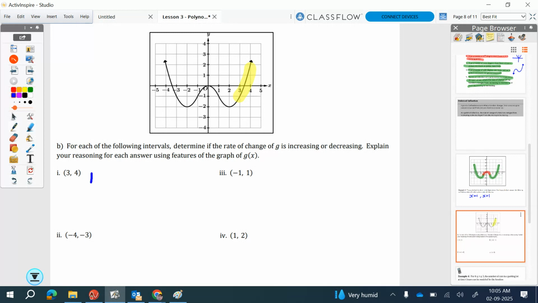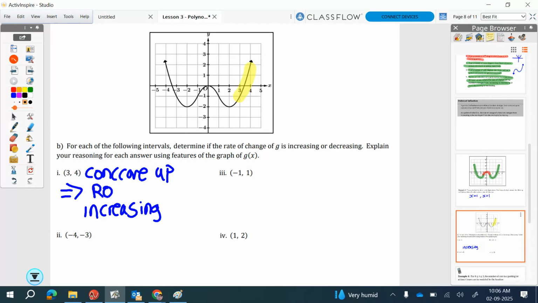So it is increasing. Let's start with the reason. Concave up, which implies rate of change increasing. Okay, have a go at doing the other 3 for yourselves.